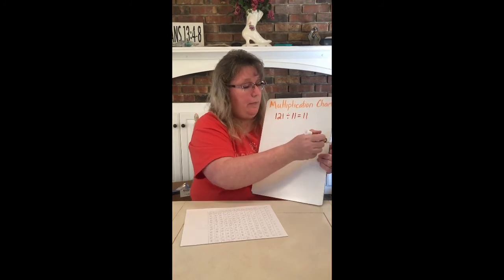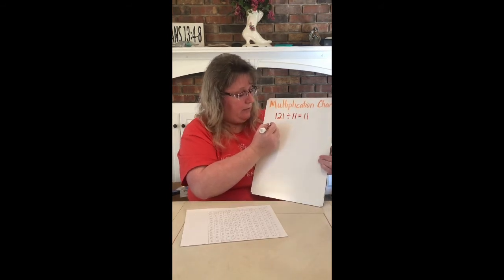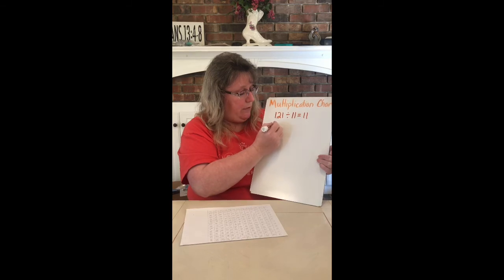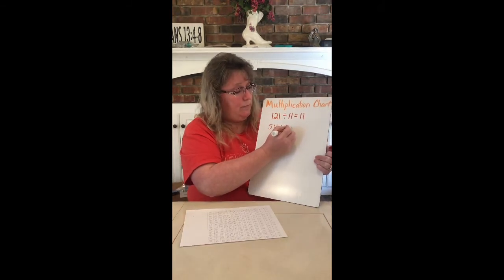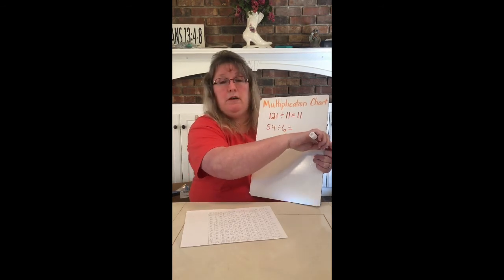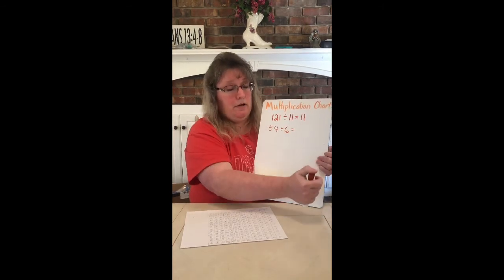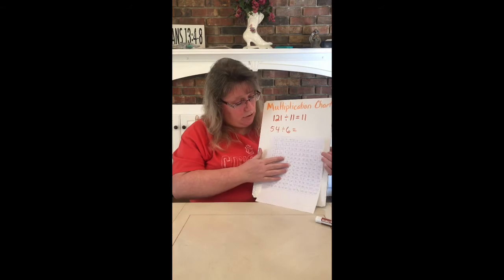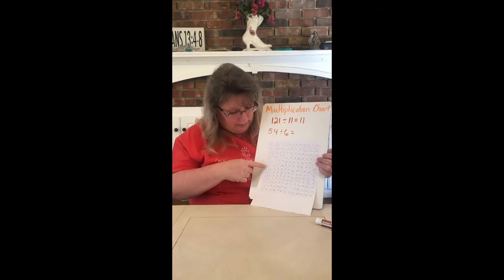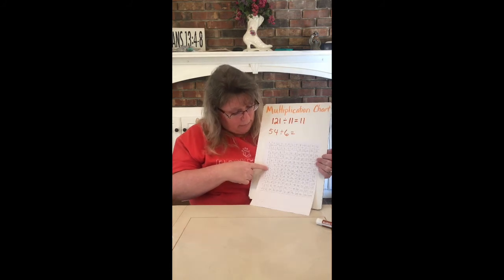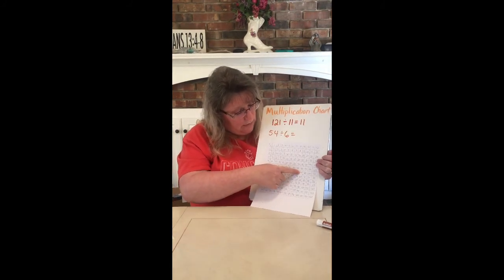Let's try another one. How about we do 54 divided by 6 equals, well, let's figure it out. We don't know. So let's go to our multiplication chart. We know we got the 6, so let's go down to row 6. Here's my 6. Slide my finger all the way over to 54, then slide it up.